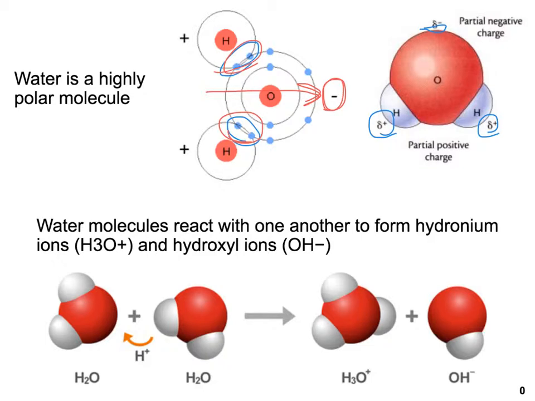One water molecule will steal a proton, that is a hydrogen atom without its electron, and so the products are what is called a hydronium ion, H3O+, and a hydroxide ion, OH-. And now we've got real charged particles, and this is the reaction that is of big time importance when we're talking about pH and the acidity of cells.